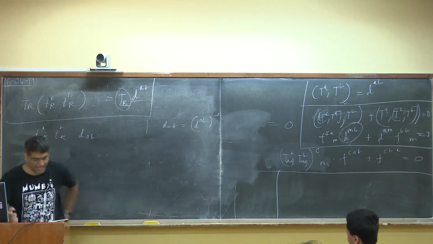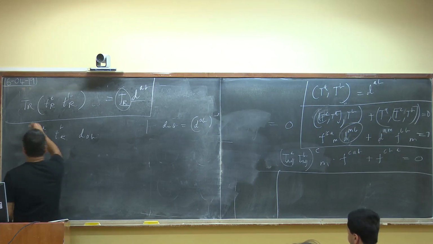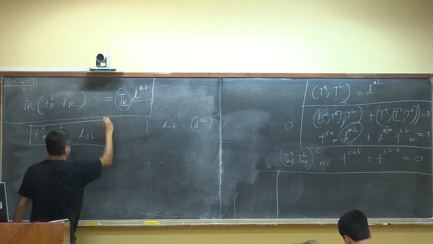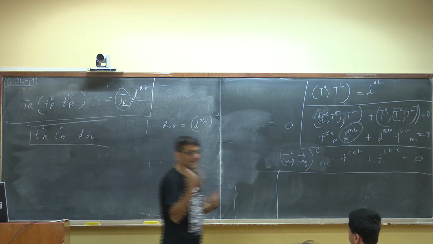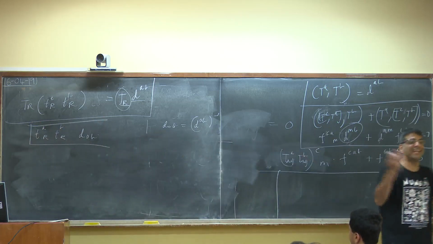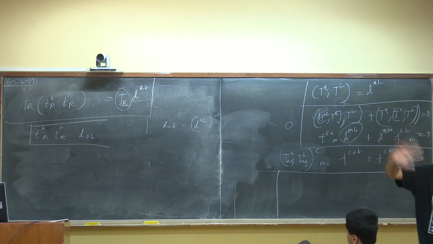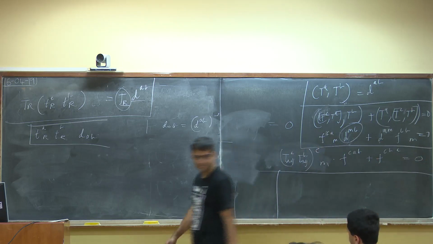And so then what I do is define this quantity here. Now, this quantity is a scalar under linear redefinitions of T, because all indices contract.